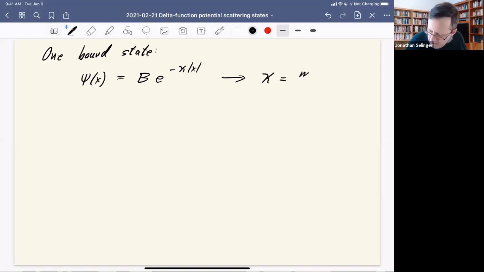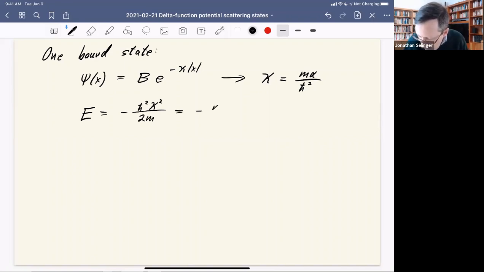That is, kappa is m alpha over h bar squared. This state has a certain energy, negative h bar squared kappa squared over 2m, which comes to negative m alpha squared over 2 h bar squared.